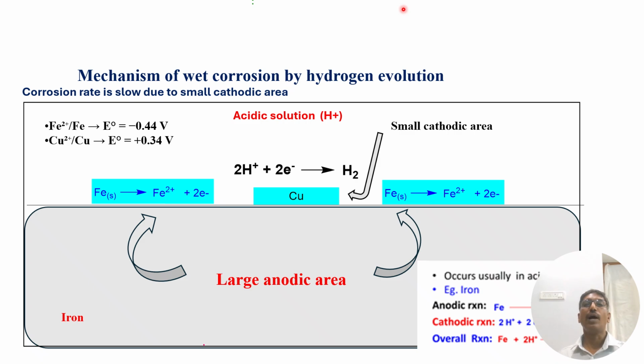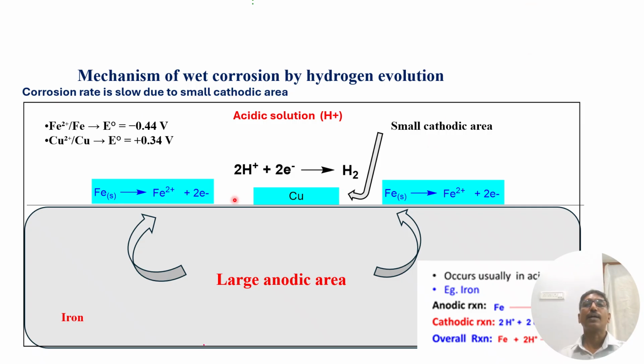Electrons flow away from the iron region, and the H plus ions present in the acidic solution consume those electrons and get reduced to form hydrogen gas. As you can see here, the H plus present in the solution accepts the electrons released from the iron, then it forms the corresponding hydrogen gas.